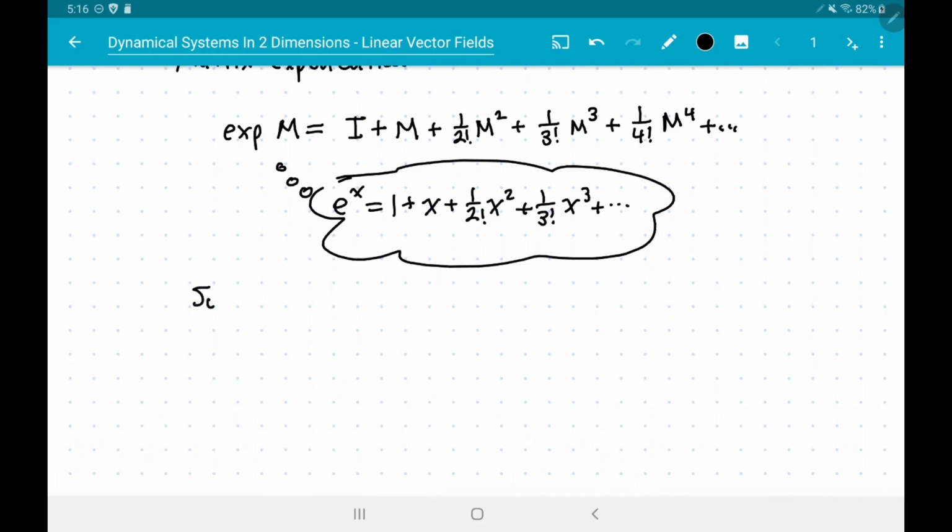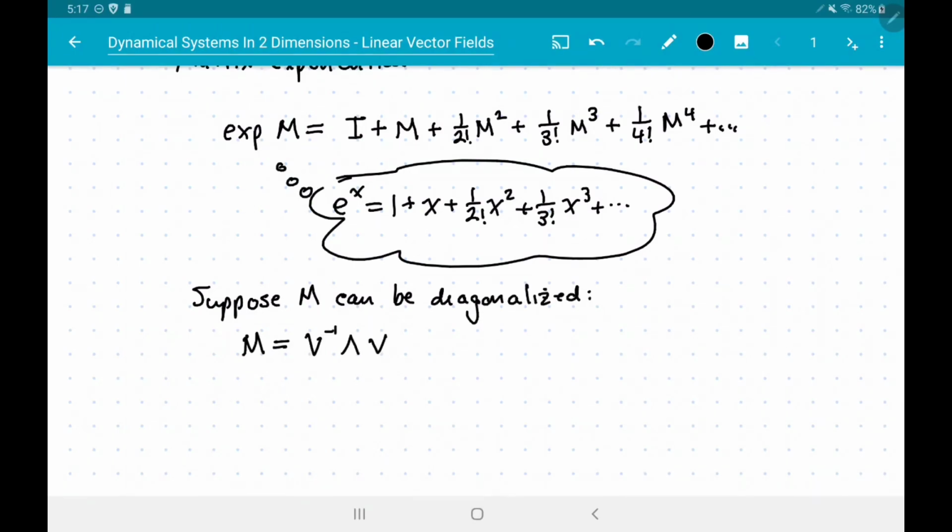Suppose that M can be diagonalized. This is the easiest case. In this case, you can express M as V lambda V inverse.